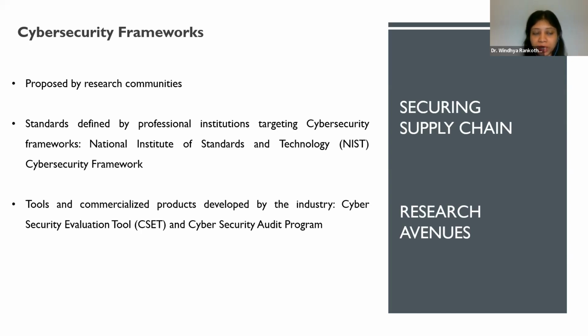They are providing cybersecurity frameworks targeting supply chains, on how to secure them. And commercialized products, such as the cybersecurity evaluation tool and cybersecurity audit program, also help to secure the supply chain. But the amount of research work that has been carried out in securing supply chains against cyber threats is very minimal. So there are a lot of things that you can look into.